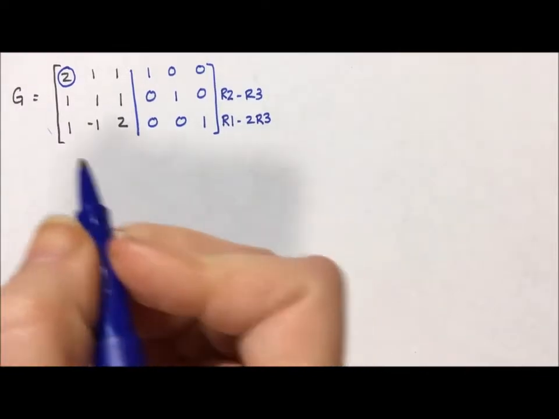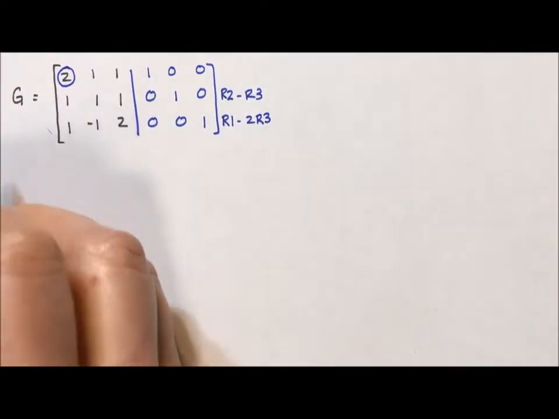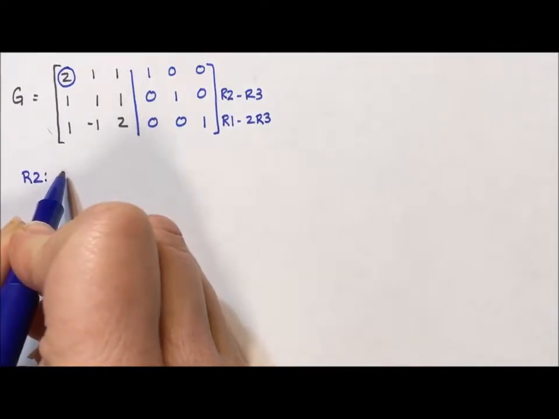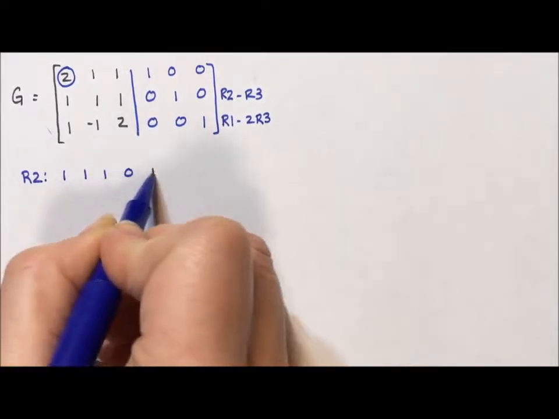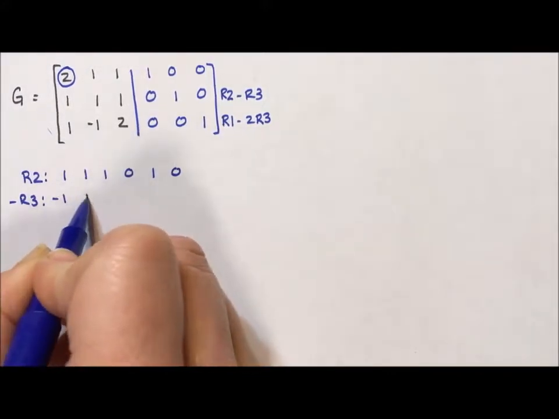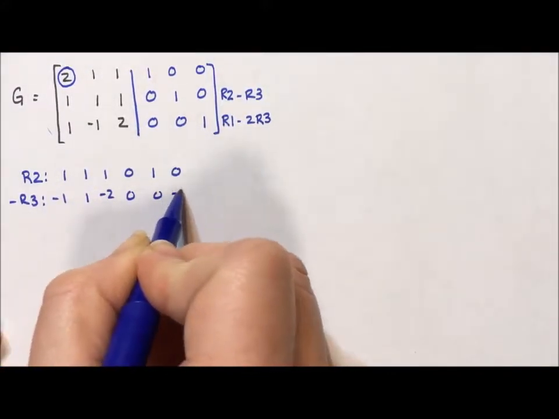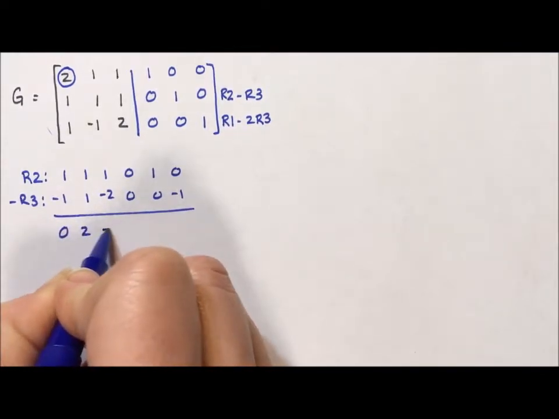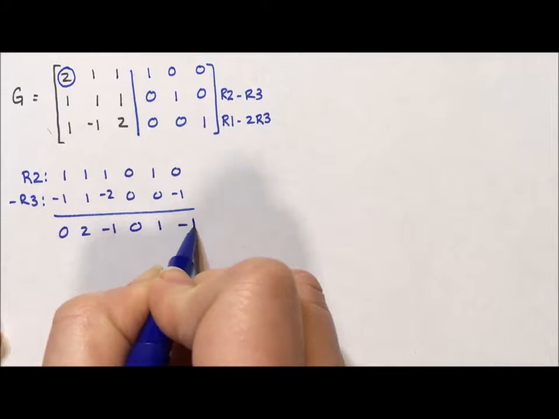If I do this, let's see, row 2 is 1, 1, 1, 0, 1, 0. Negative row 3 is negative 1, 1, negative 2, 0, 0, negative 1. And when I add down, I get 0, 2, negative 1, 0, 1, negative 1.